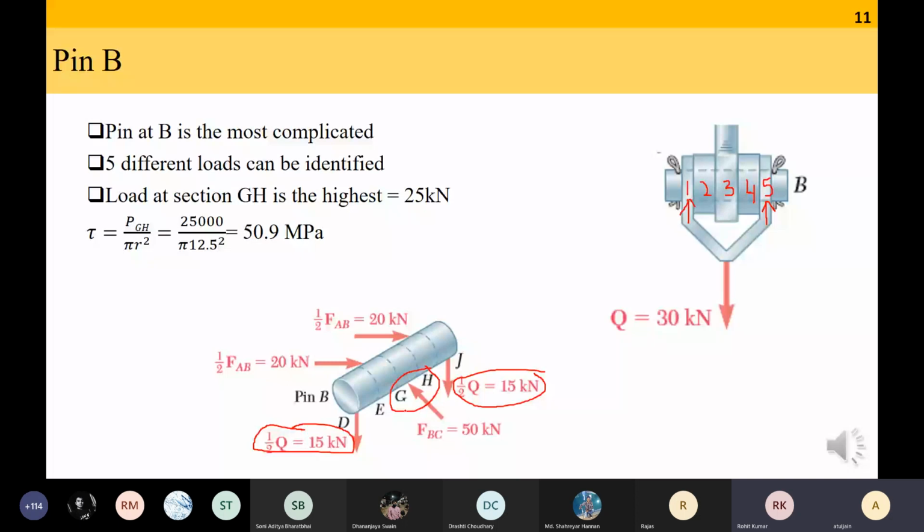And since the cross section is circular, for shear stress, as long as it is in one plane, the direction doesn't matter. I mean to say that, imagine that this is my circular cross section.